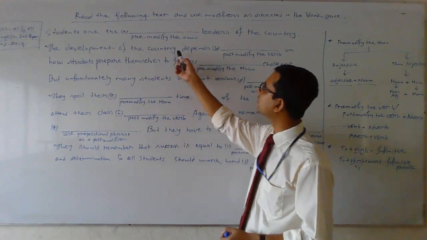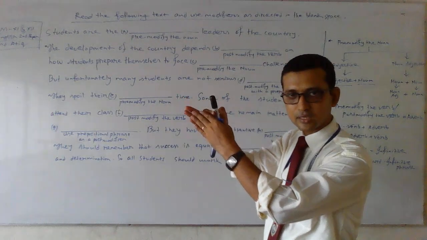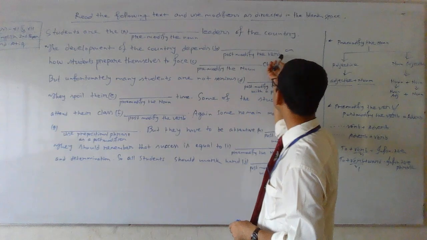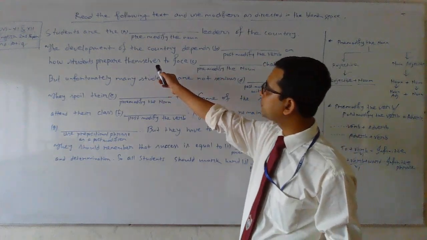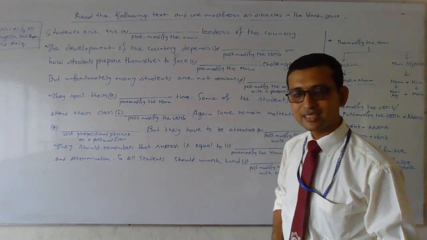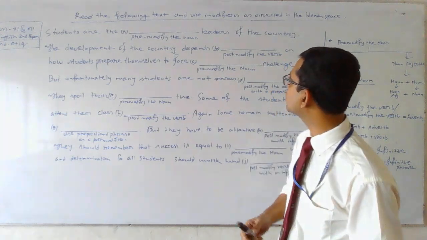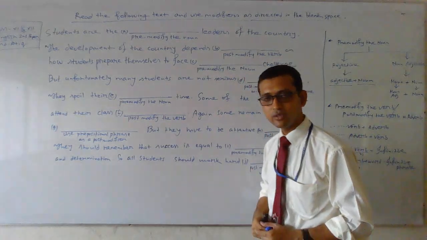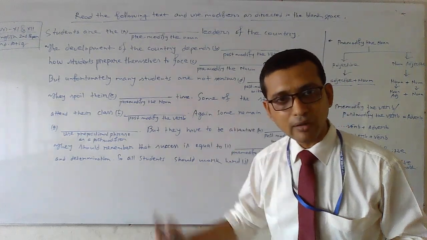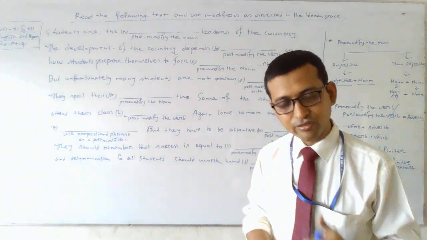Second sentence: the development of the country depends, how post-modify the verb. The development of the country is a noun phrase functioning as a subject. Whenever you get the question post-modify the verb, you will have to think that a verb can be modified with an adverb.